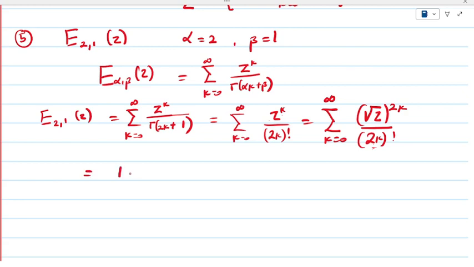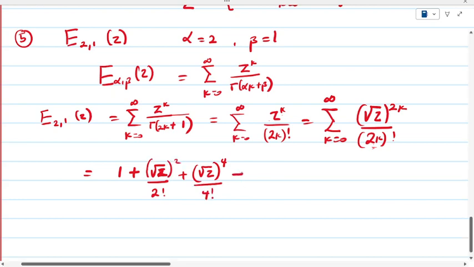So I'm going to have 1, and when k is equal to 1, I'm going to have root z squared over 2 factorial. Then when k is equal to 2, I'm going to have z raised to power 2 over 4 factorial.